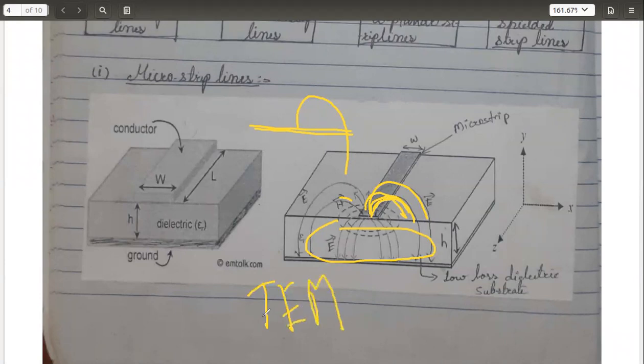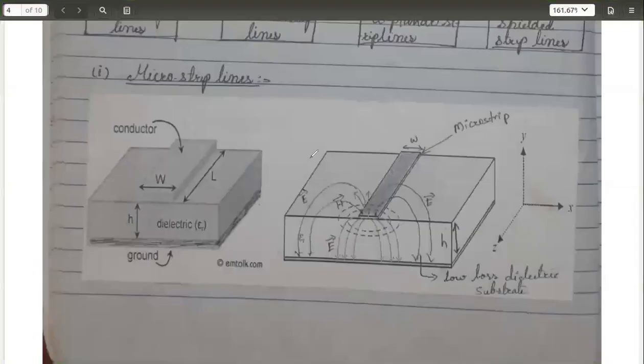TEM stands for transverse electromagnetic wave mode of propagation. So what is a TEM? I have already sent you the details which I had collected in your groups. In these microstrip lines, you can find both electric and magnetic fields. It should support TEM mode of propagation.